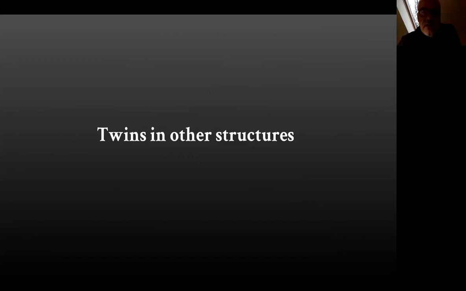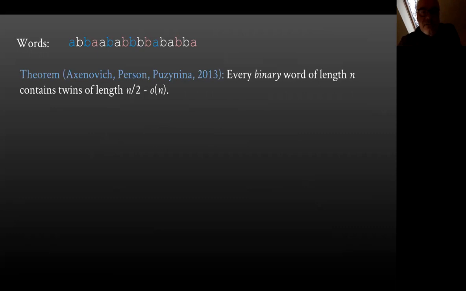And now I just quickly show you something about twins in other structures. For instance, in words, you can look for twins in this sense, and there is a very nice result which says that in every binary word you can find a very long pair of twins.